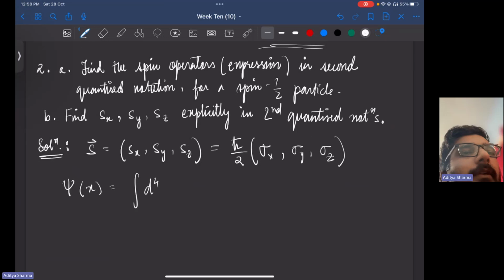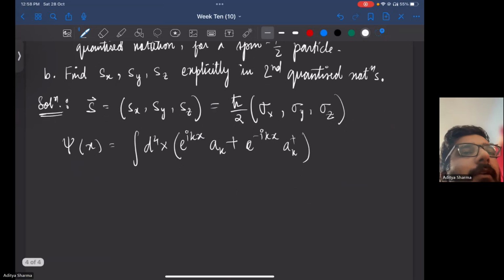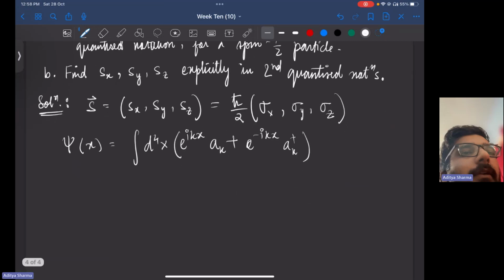We write e power ikx, a_k, plus its conjugate, and this is what we do.